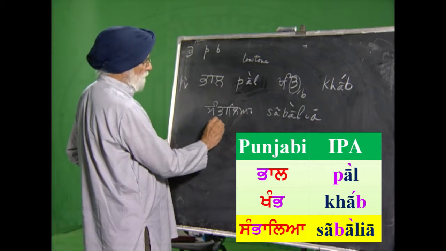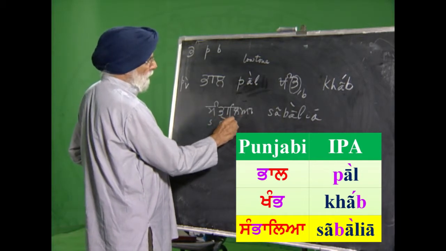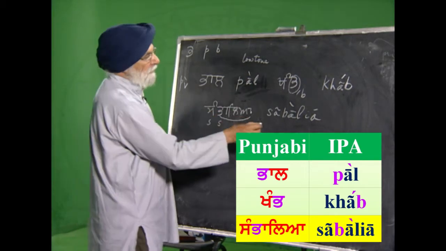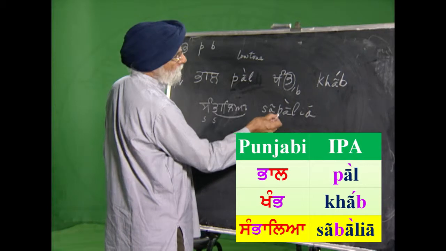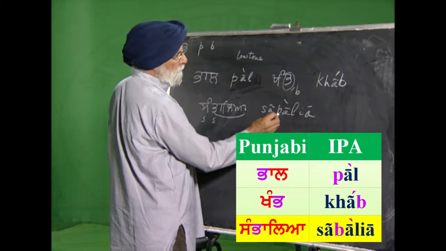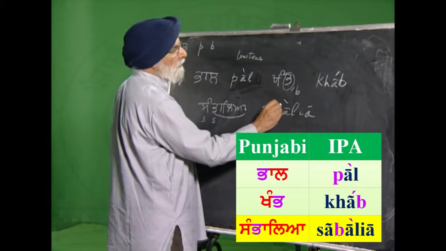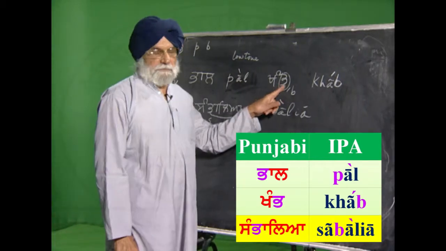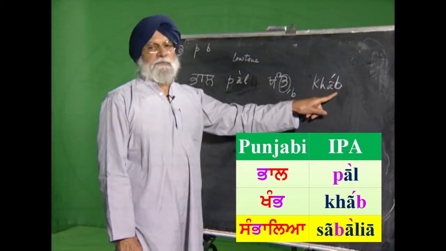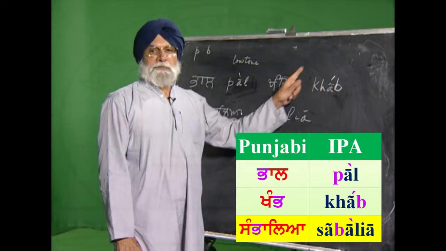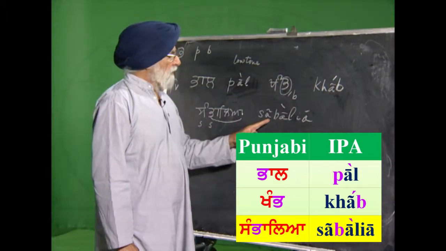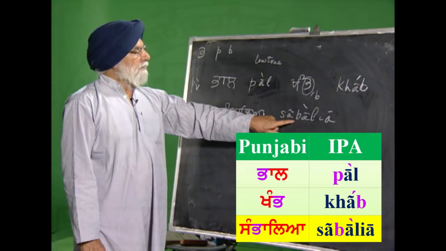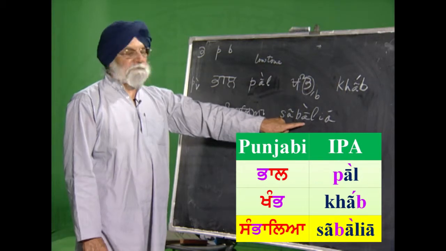You see, this is a question of syllable: sambhalya, bhalya. In this situation, there is a ba, but followed by low tone. You see, in this situation, you have a high tone followed by ba, or ba preceded by high tone. In a word like this, you have ba followed by low tone.